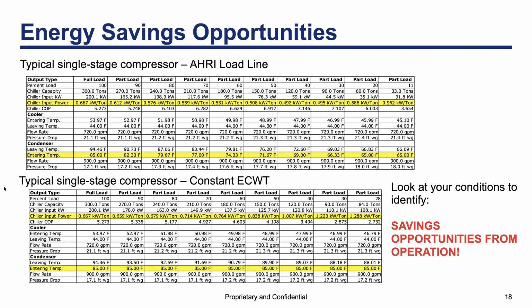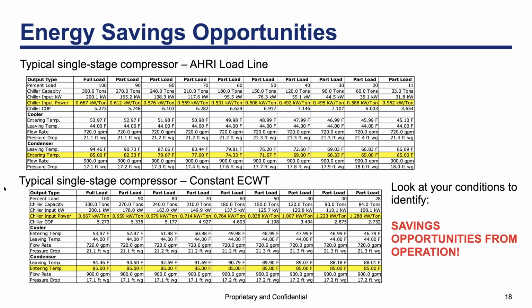Look at the impact in efficiency at partial loads like 80, 70, and 60%. Look at the values in kW per ton at those loads, and compare these efficiency values in kW per ton between the upper chart and the lower chart.